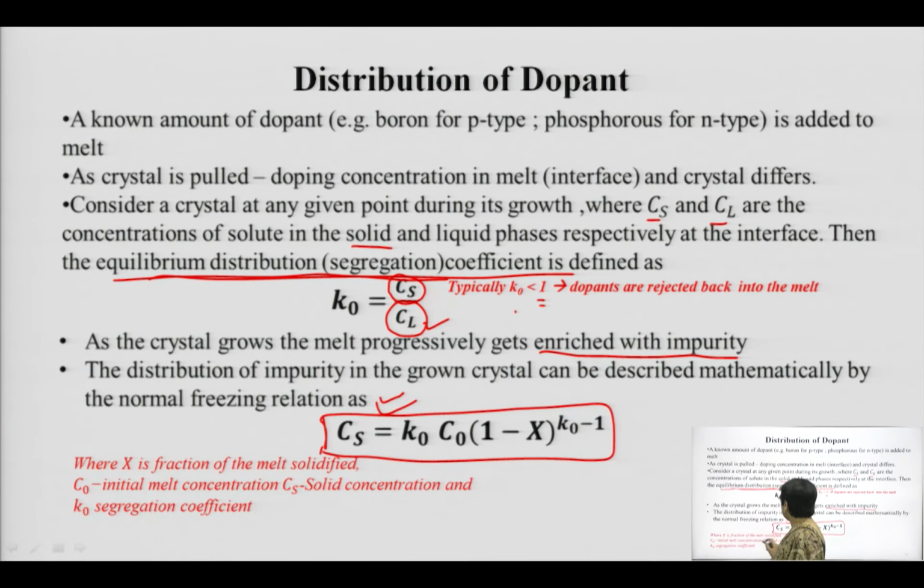And therefore, this x is the distance for which the crystal is grown, and this distance is an essential component in the growth process.